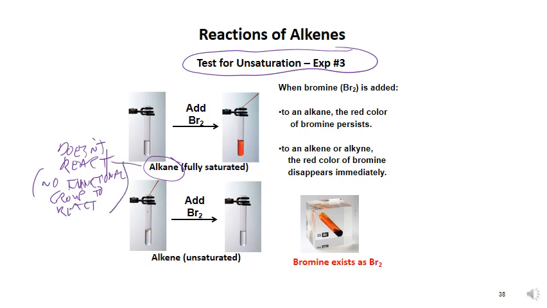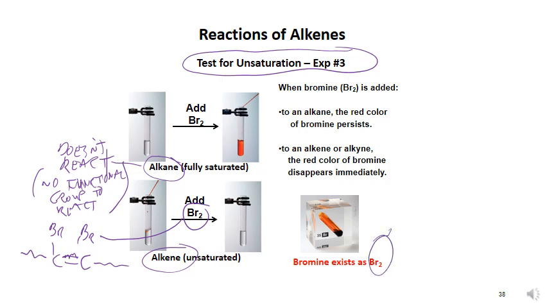But if you have an alkene, you have whatever's out there and whatever's out there, and you're going to have an addition reaction where it's now a single bond. Bromine is red, and if it disappears, that means it reacted.